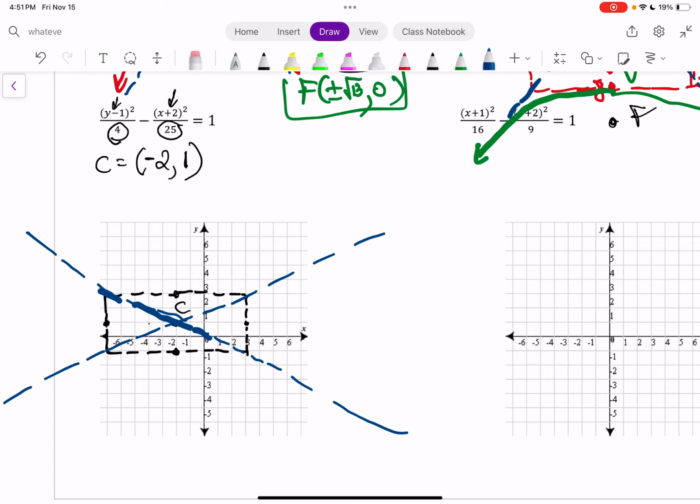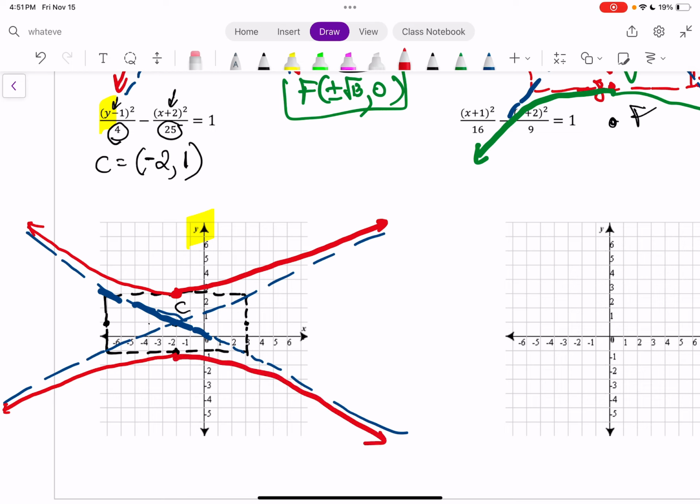So, because y is the one that's positive, this hyperbola will open in a y direction. So therefore, from this vertex, alongside these lines, up and down. There you go. That's the hyperbola.